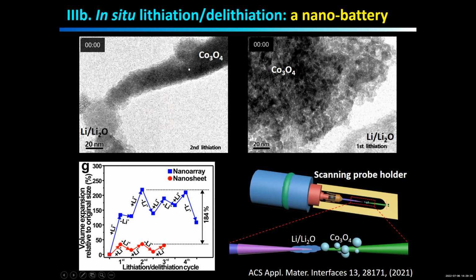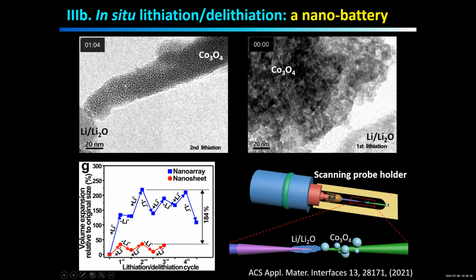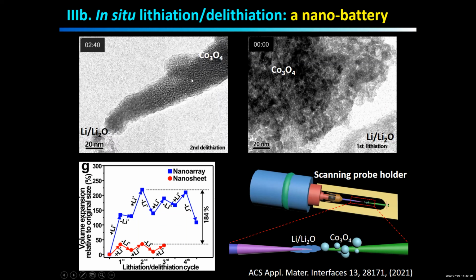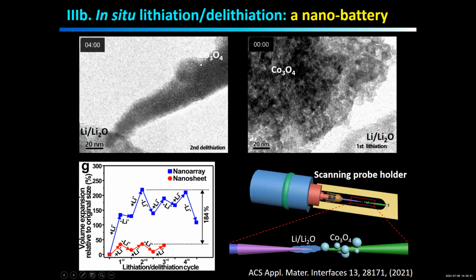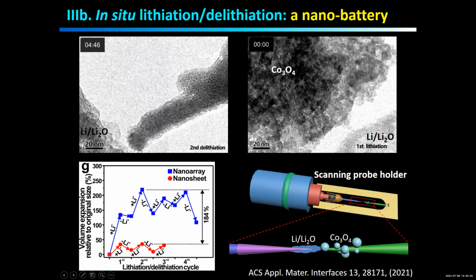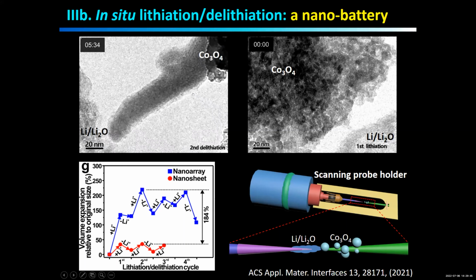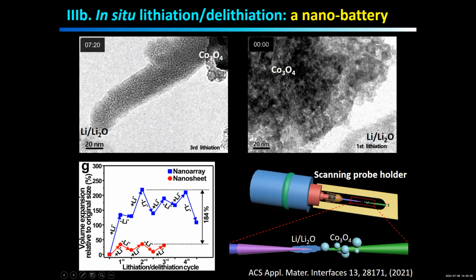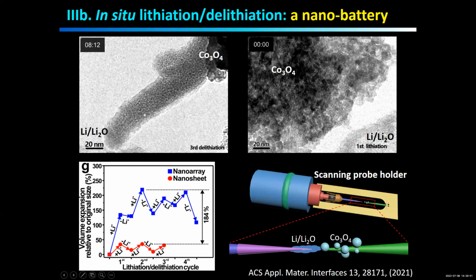So this is a cobalt oxide nanopillar. And upon the lithiation, we can clearly see the volume expansion together with the formation of the nanocrystalline phase, which is probably cobalt. And upon the delithiation, the nanopillar will shrink. And this expansion and shrinkage will continue upon more cycling.